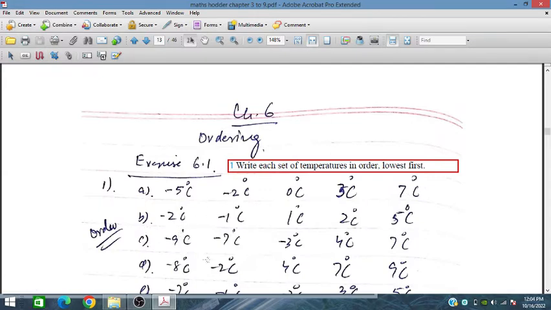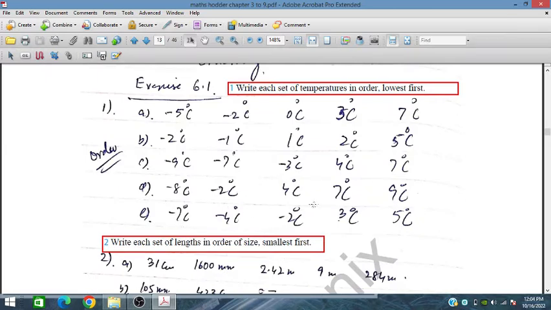Similarly for this one, 9, minus 7, minus 3. We have already ordered it in a sequence. You can see that the most negative number is on the leftmost side, and the greatest number is on the rightmost side.